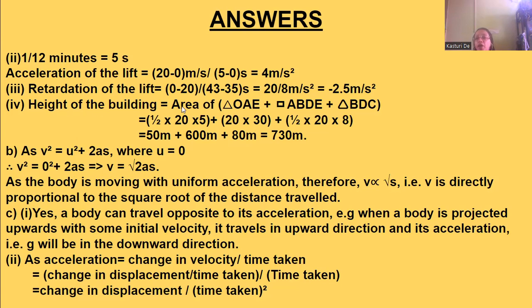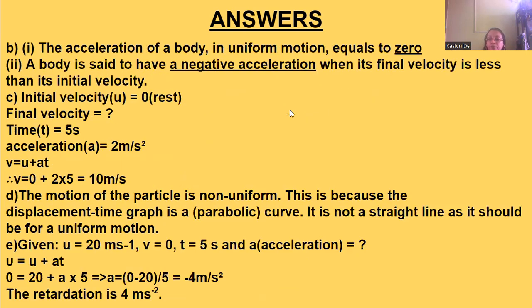Now, height of the building. It says in the question that it will stop at the topmost story. So what will be the height of the building? It is the area of triangle OAE plus ABDE plus BDC. Think of the figure in the graph.